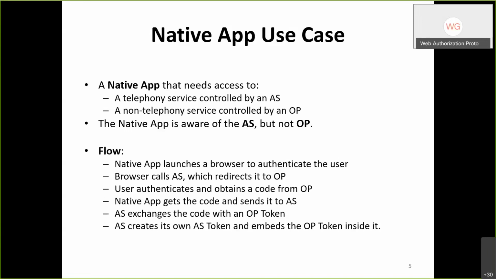The native app will then use that code to contact the authorization server, which will exchange that code for a token from the OP provider, and then create its own token and embed that OP token inside the token provided by the authorization server, and then send it back to the application. The application will be able to validate the outer token, which was provided by the authorization server, and then act upon it and be able to extract the nested token and act upon it.